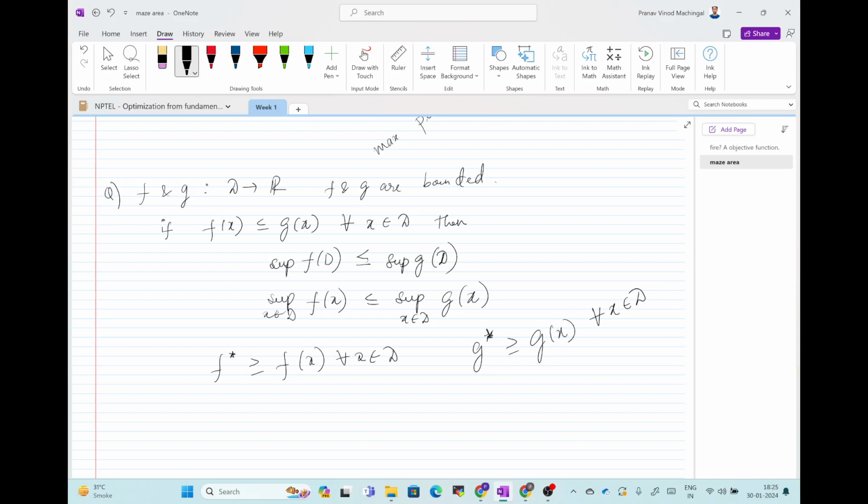If f star is the sup x in D of f of x, and g star is the sup of g of x.